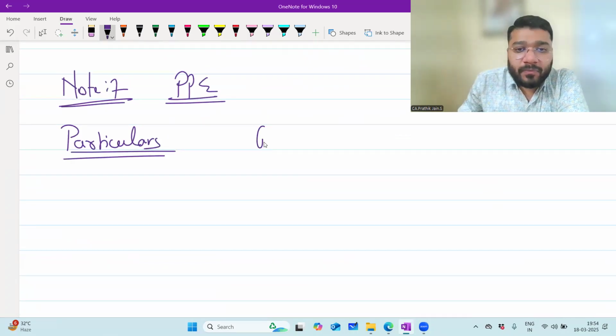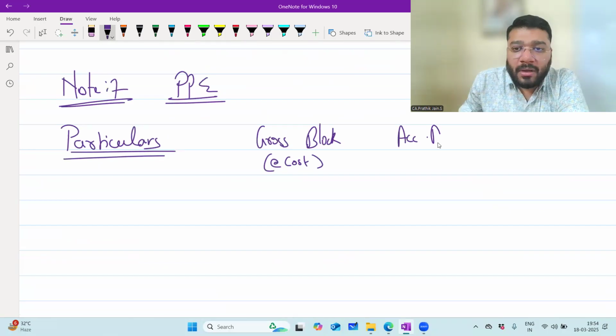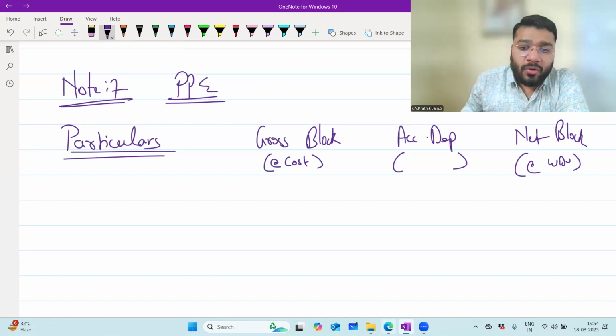Particulars. Gross block, which means at cost. Accumulated depreciation. And then net block, which is at WDV. What is the first item?